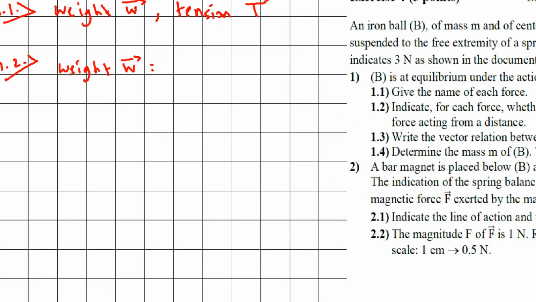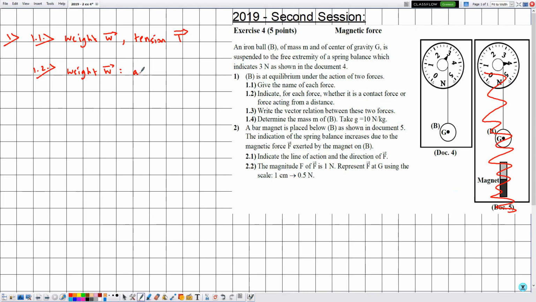Therefore, the weight W is classified as an action at a distance. And all other forces are classified as contact forces, in particular the tension T. Then the tension T is classified as a contact force.